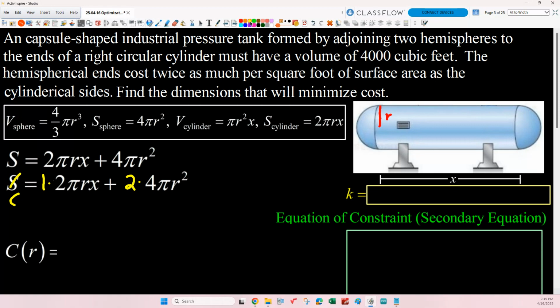The simplest units we could come up with for cost in this case would be dollars, right? And so what would the units of that 2, for example, have to be? If I want my answer to be in dollars, because it's a cost, it's got to be a rate. $2 per what?